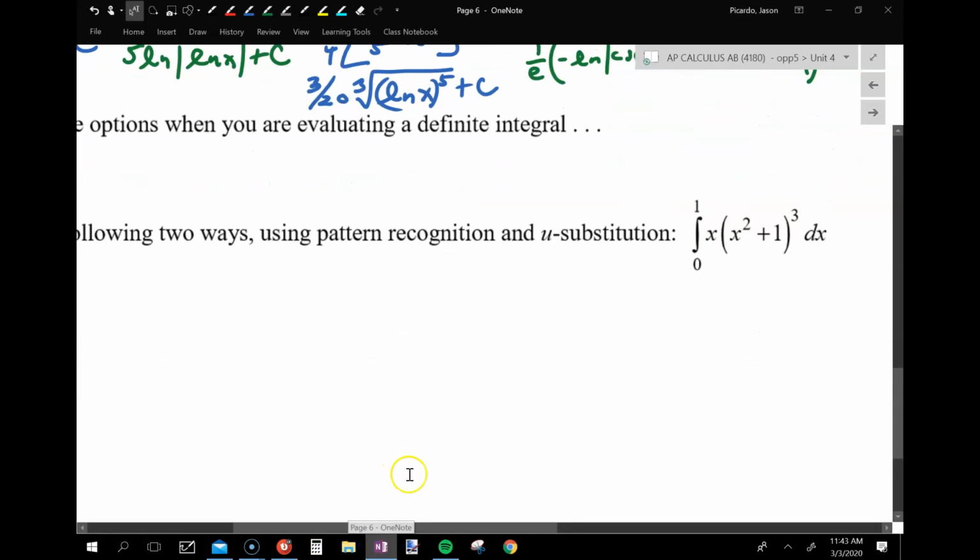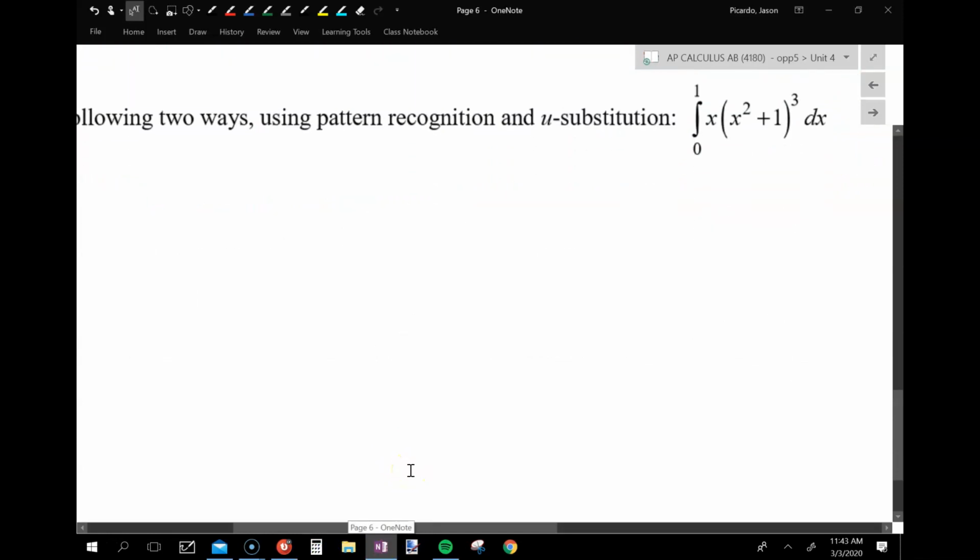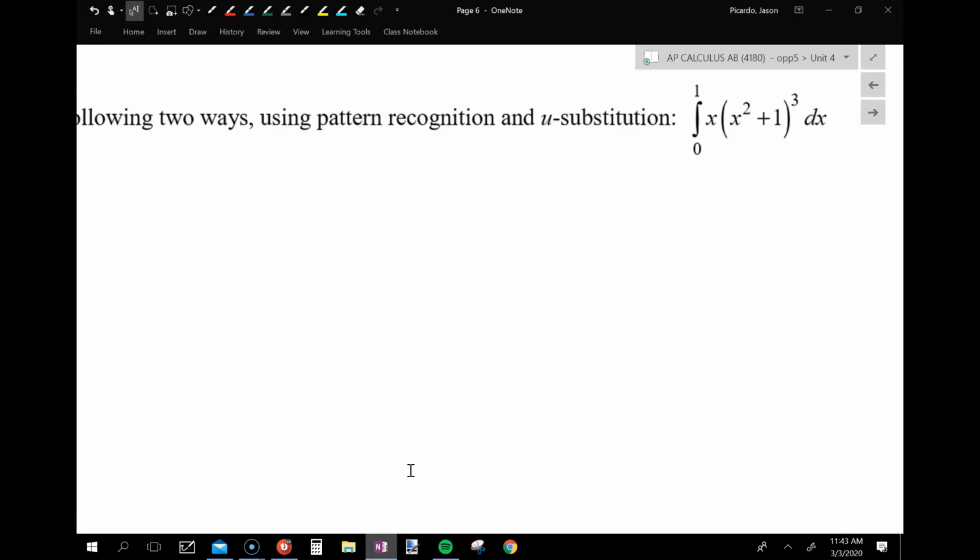All right, guys. So here, what do we have? We have our first case of a definite integral that's going to require us to use u substitution, right? Definite integral because I have zero and 1 on top, right? So if you run into this case, what could Evan do?